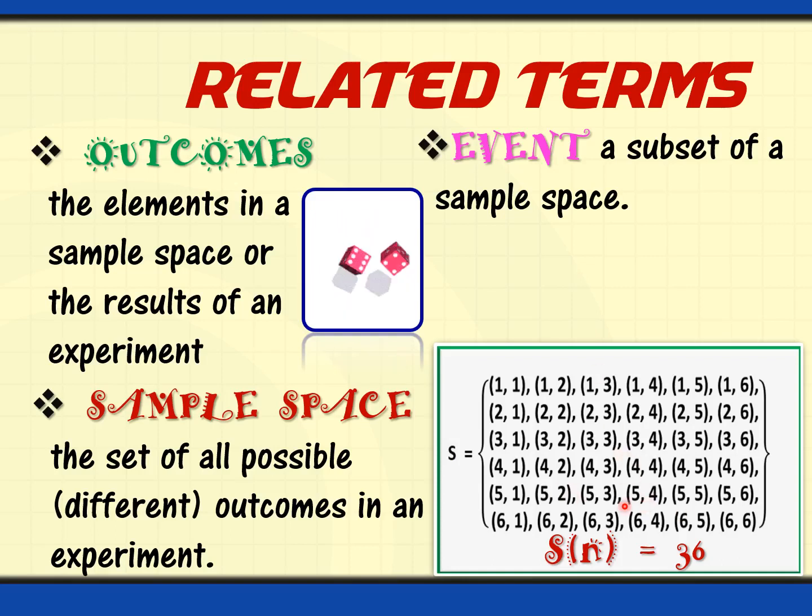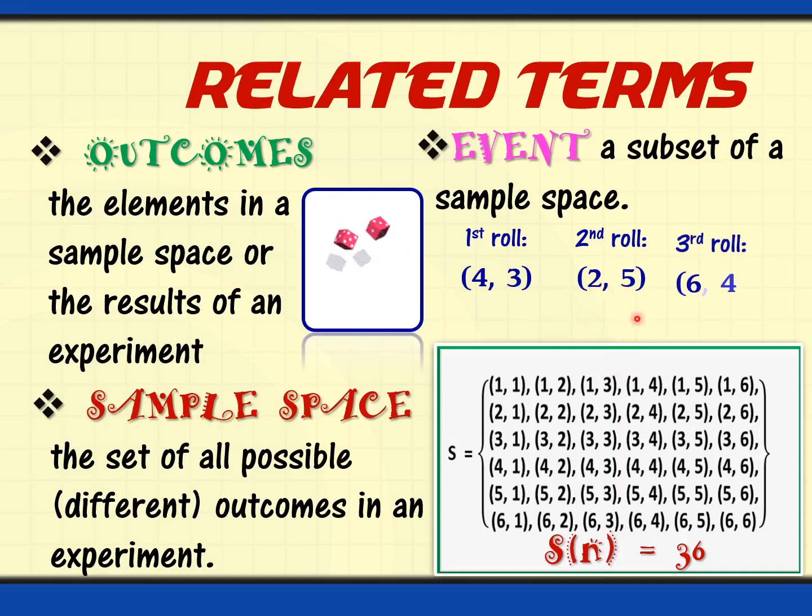For example, our event is you have to roll 2 dice 3 times or thrice. So the event is you have to roll it thrice. On the first roll, the outcome is 4, 3. So this is the element. On the second roll, the outcome is 2, 5. And on the third roll, you have 6, 4.